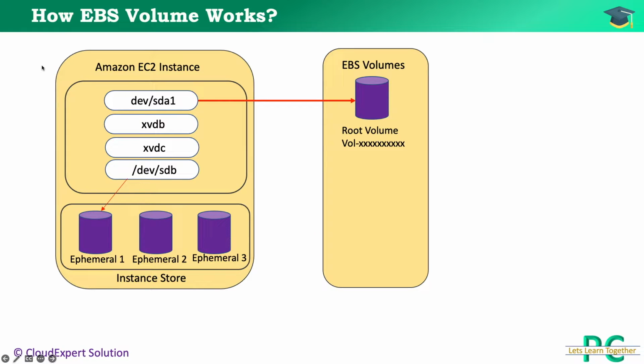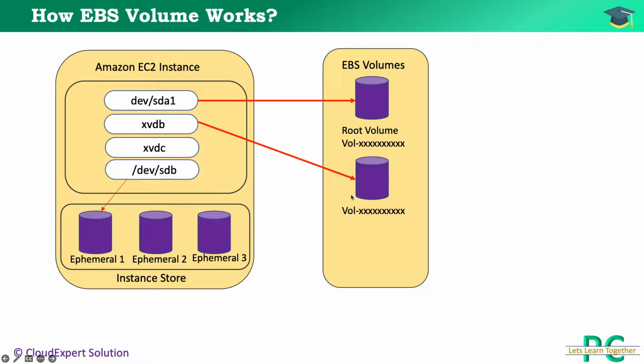EBS is a network volume. When you provision any EBS volume or when you are creating an EC2 instance with a root volume, AWS will first provision a network drive for you from that EBS volume pool and then it will attach to your EC2 instance. The root volume will always be named /dev/sda1.